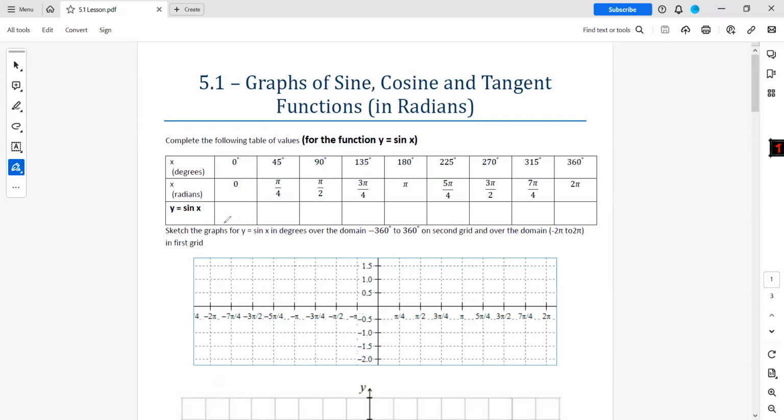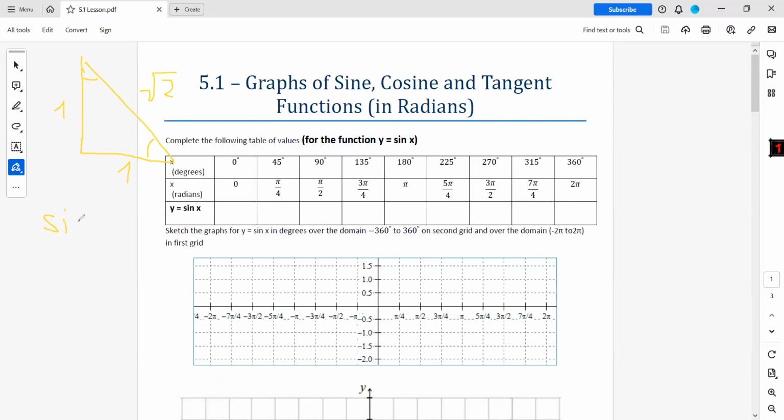We have to evaluate the value of y for sine x, basically the value of the function sine x at the given radians. For sine of pi over 4, do you remember? Based on basic trigonometry, the triangle with 45-degree angles, right? Has 2 equal sides, and the hypotenuse equals the square root of 2.